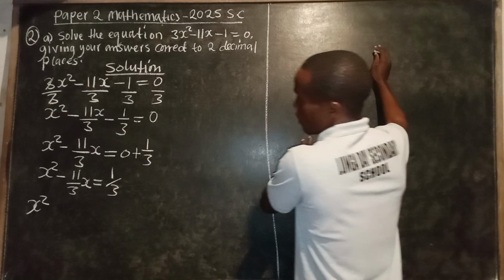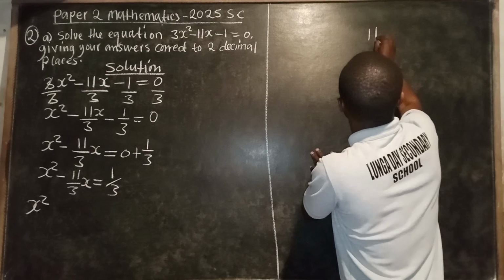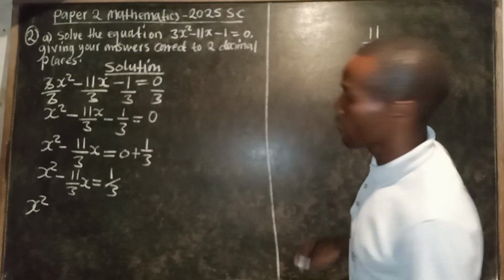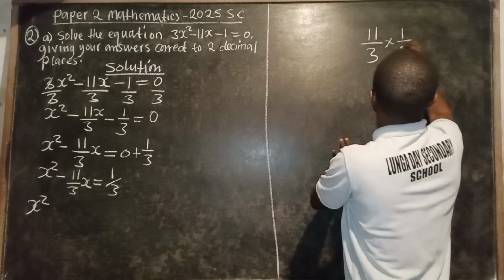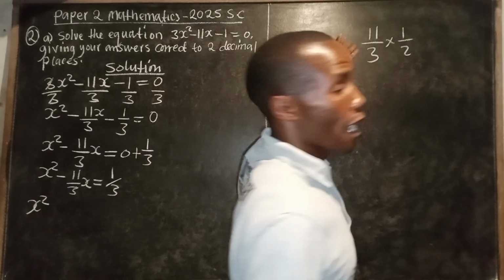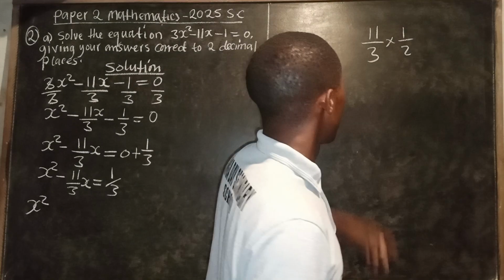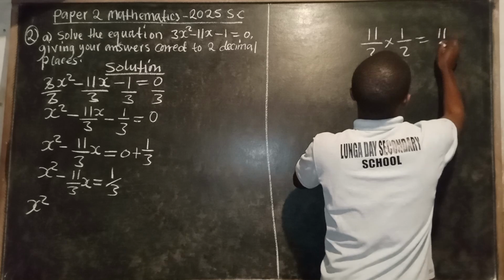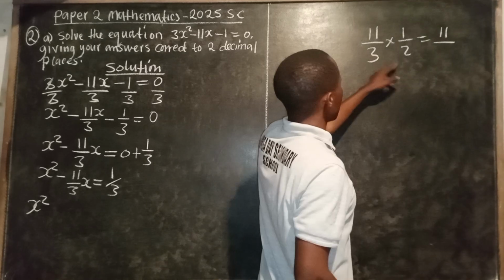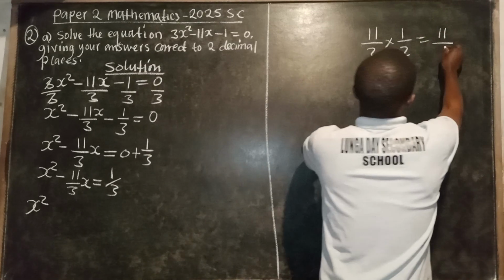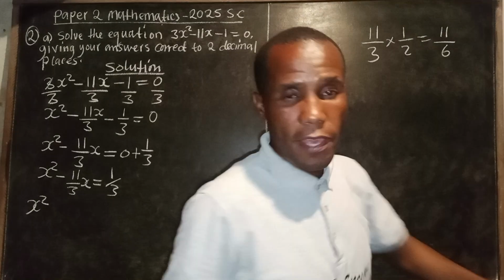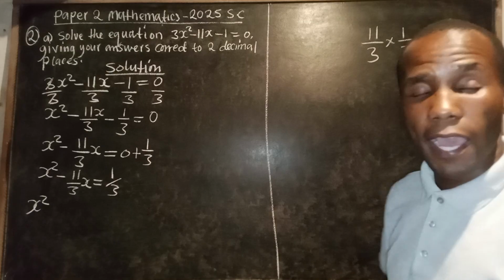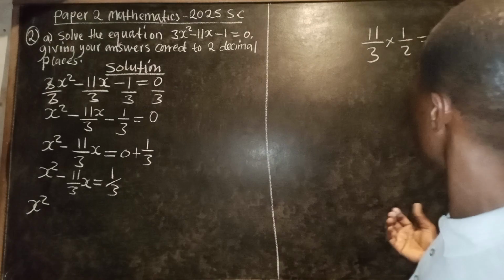Let me just write here: 11 over 3, then for half, you just multiply times a half. So 11 times 1 is 11, over 3 times 2 which is 6. So the half of 11 over 3 is 11 over 6. That is the half.